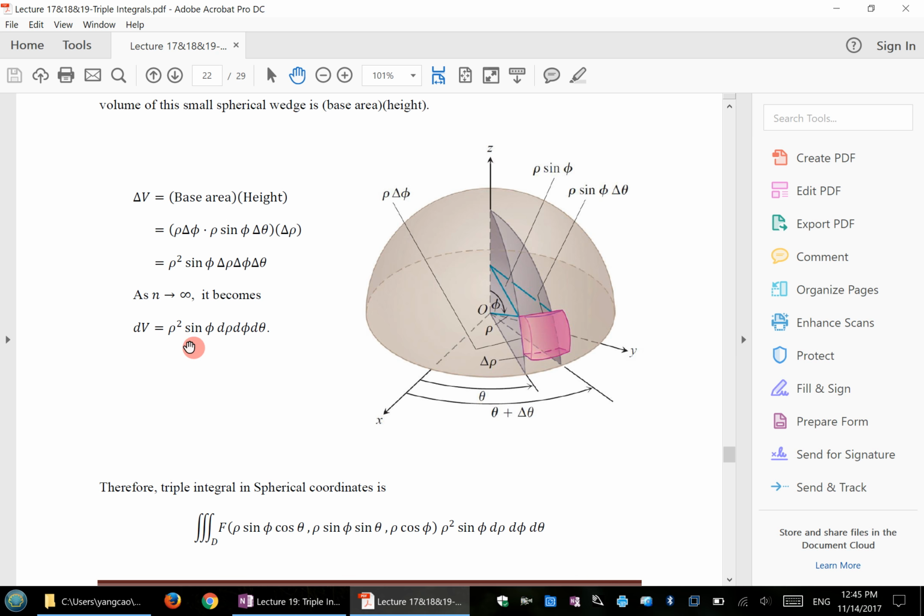That small volume will be rho squared sine phi d rho d phi d theta. It's the same result as using the Jacobian transformation.